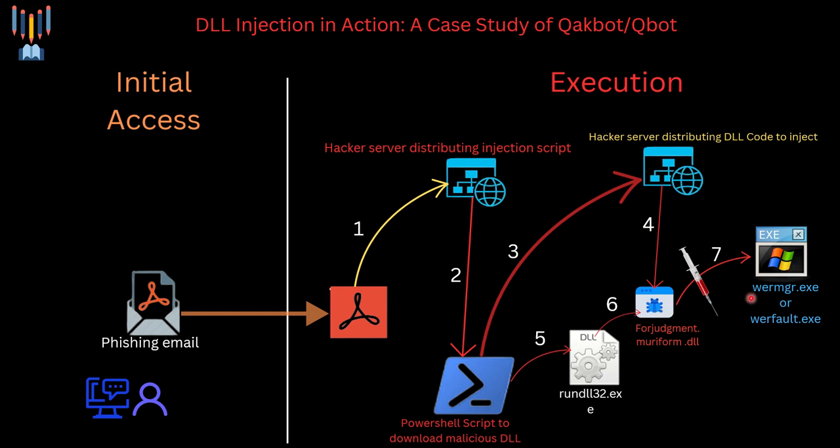That is the educated hypothesis, because then you see wermgr.exe and werfault.exe starting to call out to public IPs, to external servers that were the attacker's servers, and sending out information. So at this stage the process injection occurred. Since this was a DLL file, this is categorized as DLL injection.